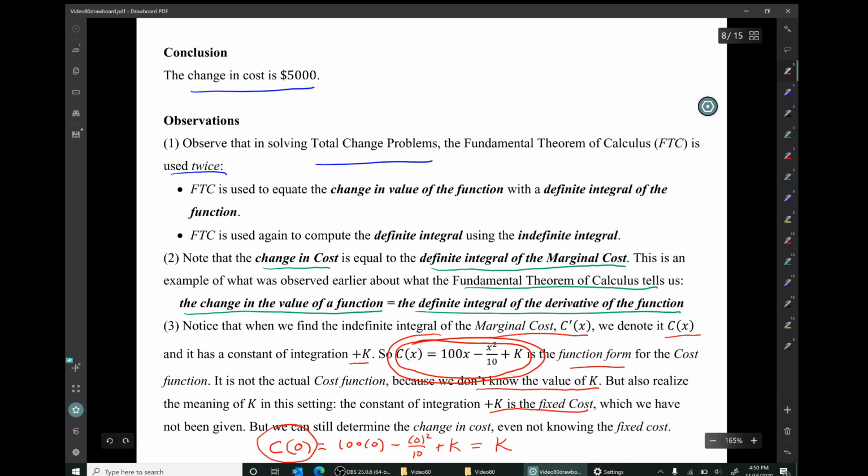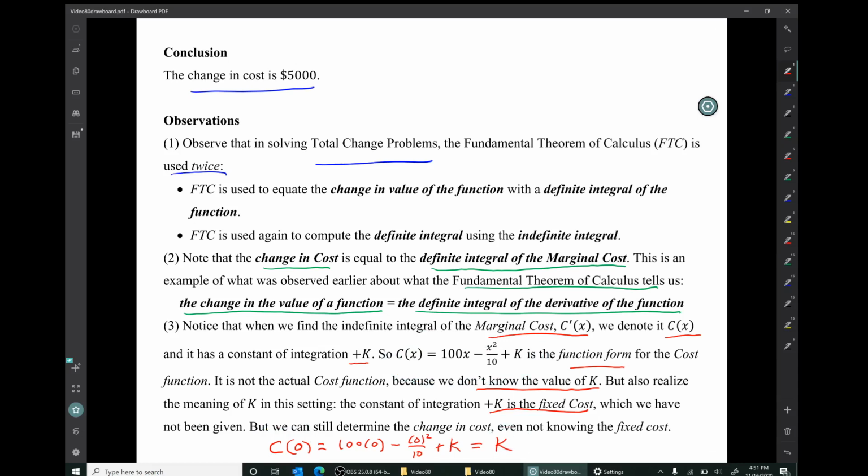That means the cost of producing no bikes. If you have to pay for rent on the factory, salaries for your staff, or whatever, you'll still have some costs even if you don't make any bikes on a particular day or in a particular week. So the fixed cost is this C parentheses 0, and it's the value of this constant of integration plus k.